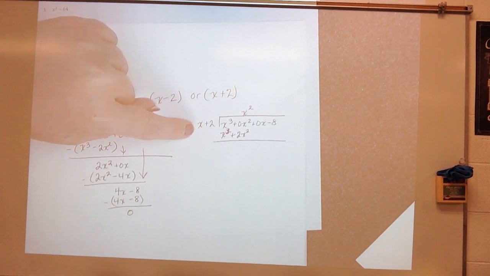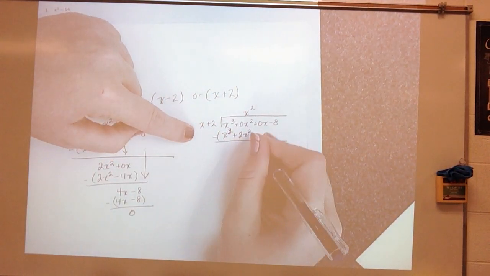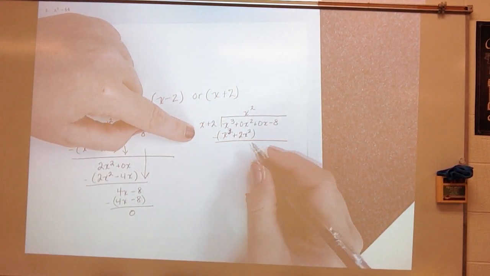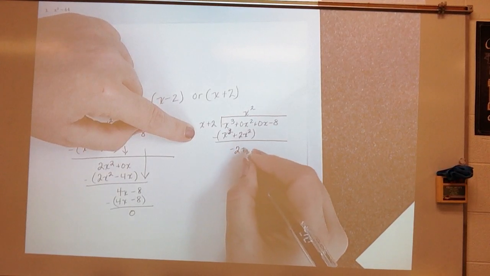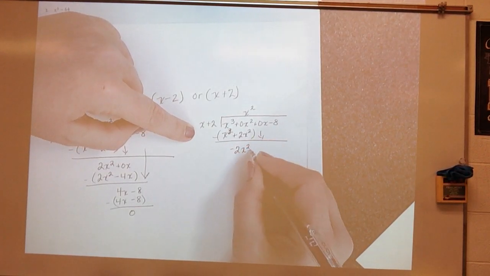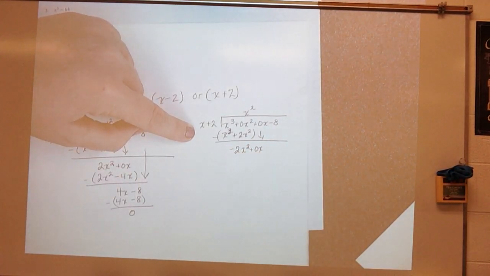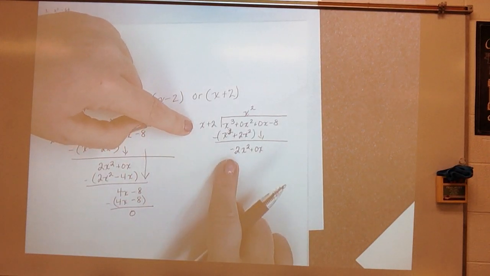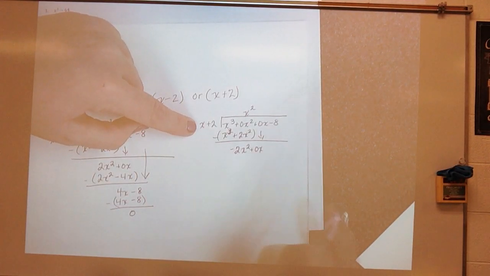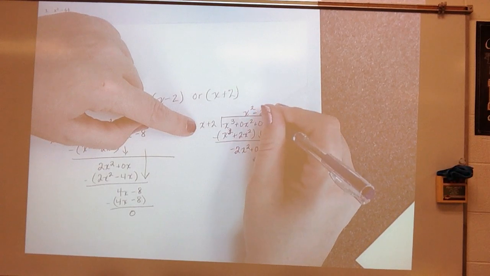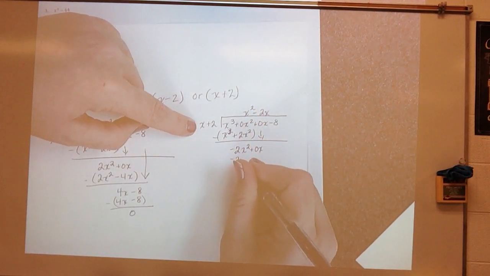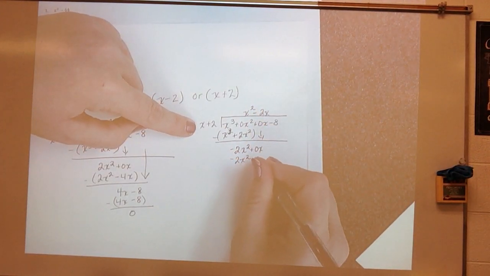All right. Subtract. 0 minus 2x squared is a negative 2x squared plus 0x. What times x gives me negative 2x squared? That'd be negative 2x. Negative 2x squared minus 4x.